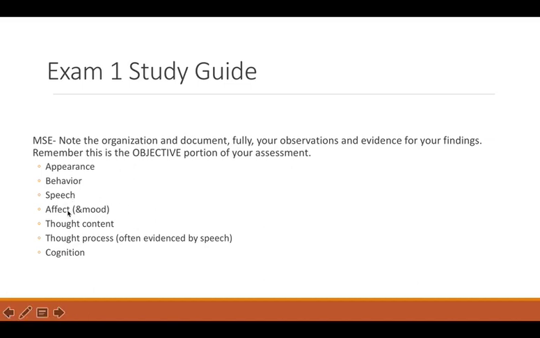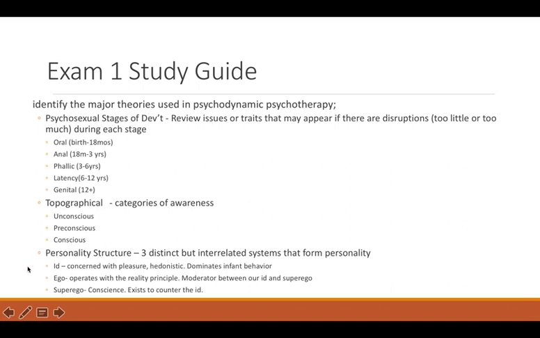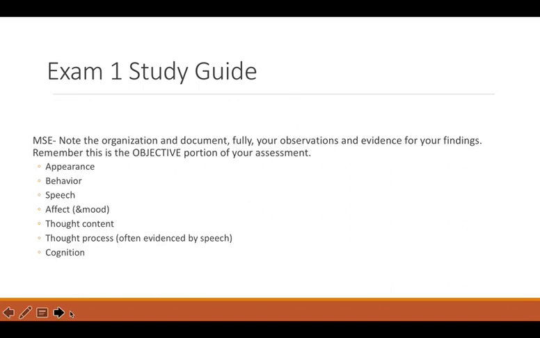And the next is affect and mood. Remember, affect is the outward display of emotion. That is objective. But then you can also include mood here, but you should qualify it with something that says the patient states mood as, even though this is an objective portion of your assessment.